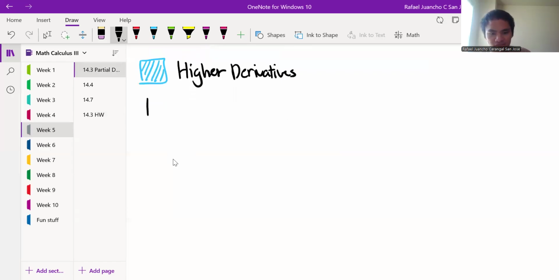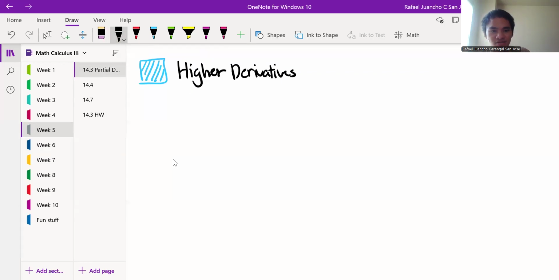So here, let's say we have a function of two variables. Then its partial derivatives would be f sub x and f sub y, right? And so we can also consider their partial derivatives. So partial derivatives of partial derivatives. Let me just write that down.